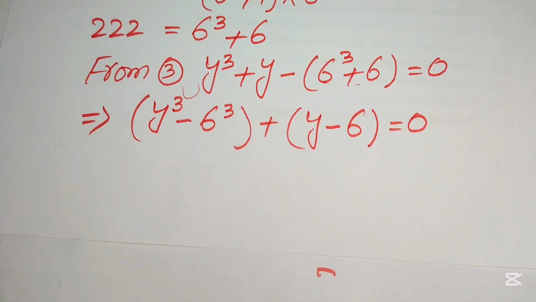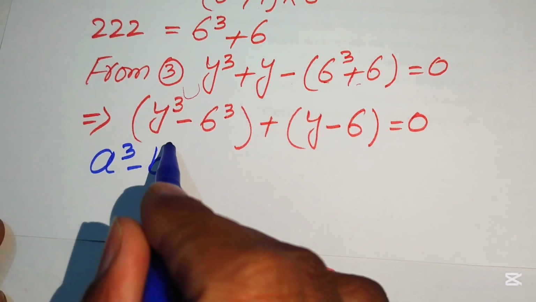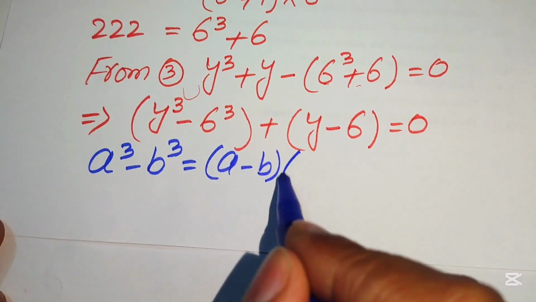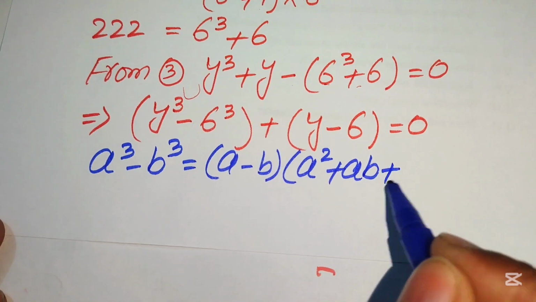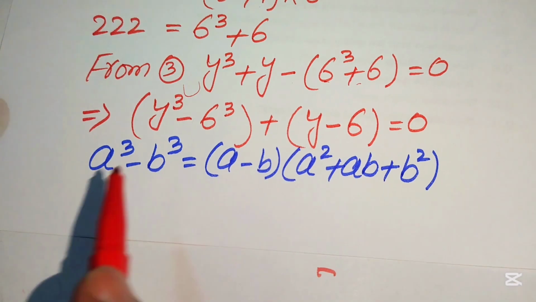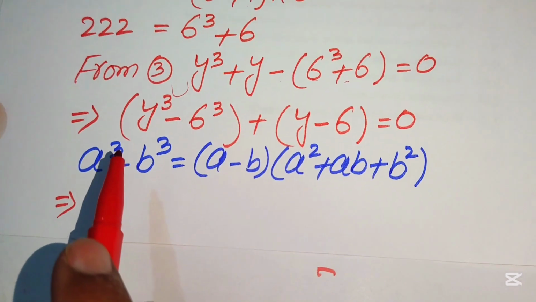Okay, so after that, here we need the nice cubic formula. So you know about this cubic formula: if we have a cubed minus b cubed, it is equal to a minus b times a square plus ab plus b square. Here we apply this nice cubic formula in the first factor of the above equation, so that our above equation should be written in this form.